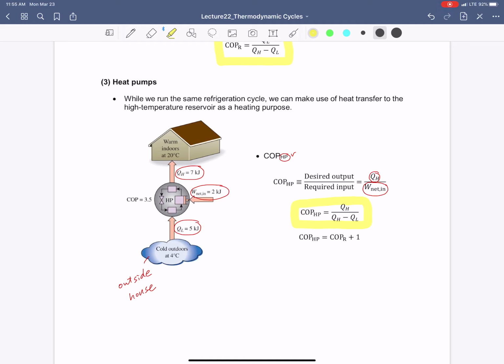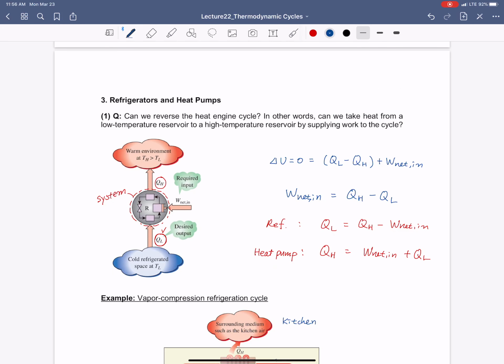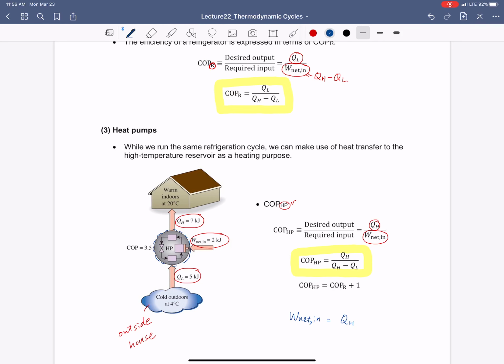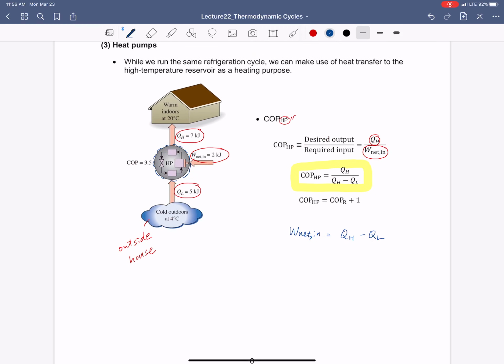Now, from the first law of thermodynamics for your refrigeration cycle, we always have W net in equal to QH minus QL, and that should always be positive. So from this relation, QH can always be written as W net in plus QL.